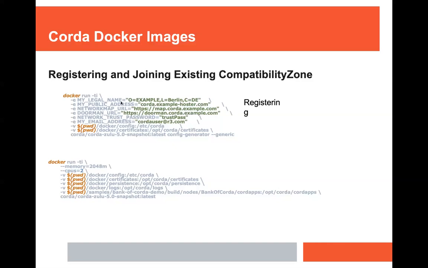How about the Corda version? Each image has its own version. These ones are currently using the nightly snapshots, so this is Corda 5 in inverted commas, but the officially released ones are Corda 4, and it's in the image name.